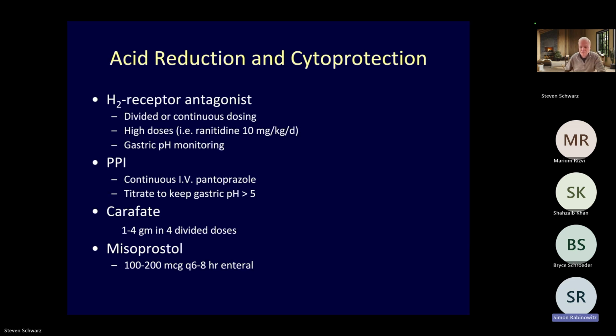But just in your mind, realize that you're talking about a high dose to start, a loading dose, if you will, followed by a continuous drip, and that continues until you have done your endoscopy, and then you've had 24 hours of stable hematocrit as suggestive of no further bleeding.